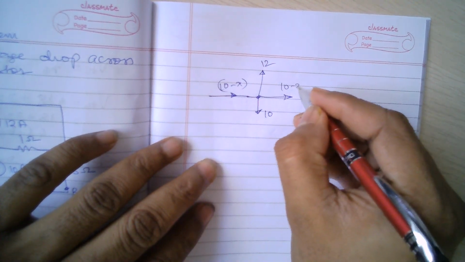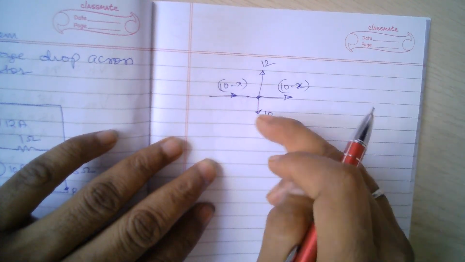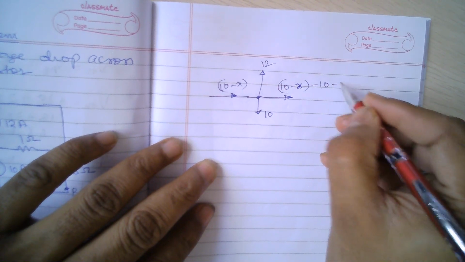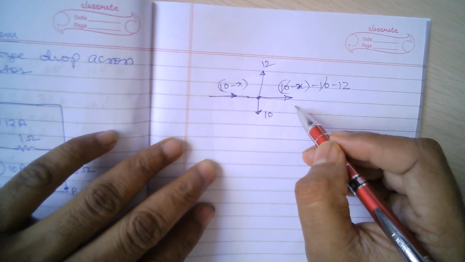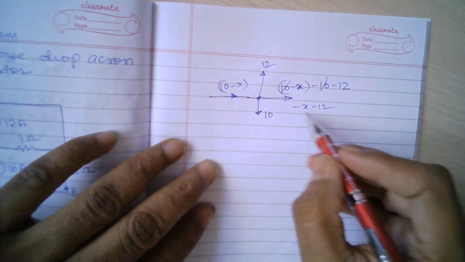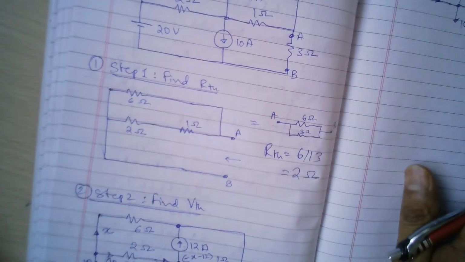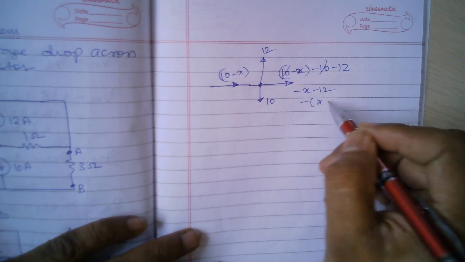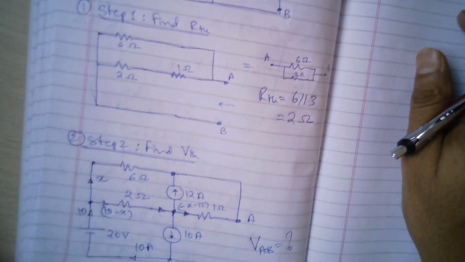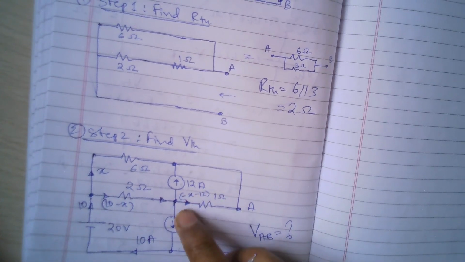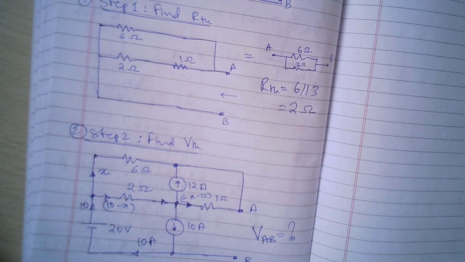That I will take 10 minus X as it is. From this I will subtract 10 and I will subtract 12. Okay, so 10 will cancel each other. So whatever remains is minus X minus 12. Okay, so that is the current. Or you can say minus of X plus 12, but that doesn't change anything. So let's keep it as minus X minus 12, and it is flowing in the 1 ohm resistance.